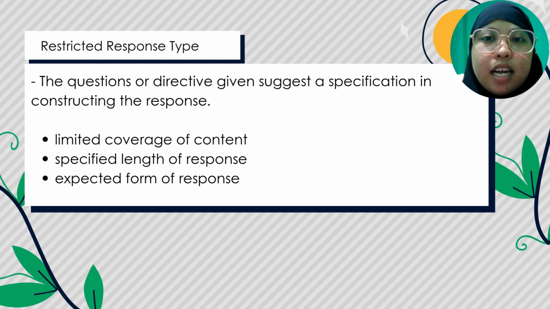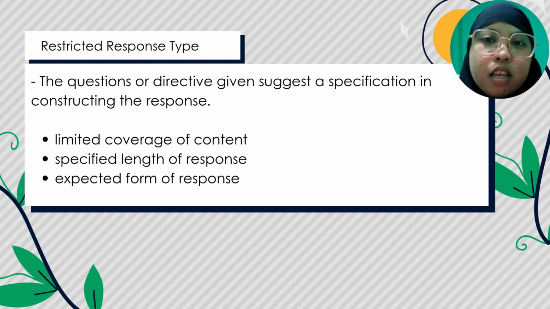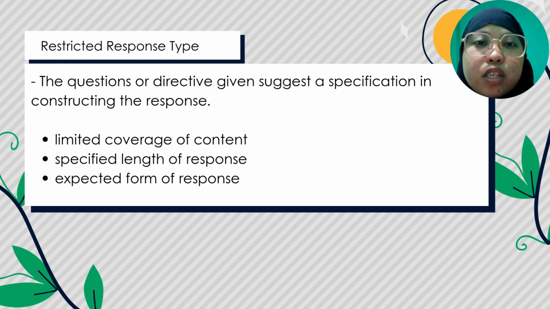Restricted response type: it is a type of essay where the question or directive given suggests a specification in constructing the response. It has limited coverage of content, specified length of response, and expected form of response.